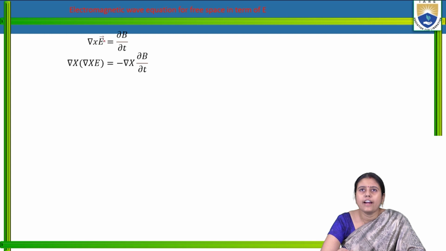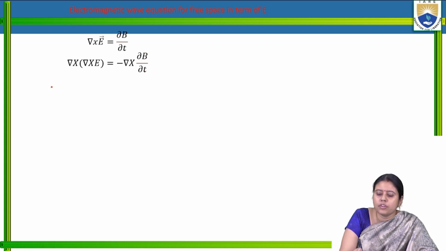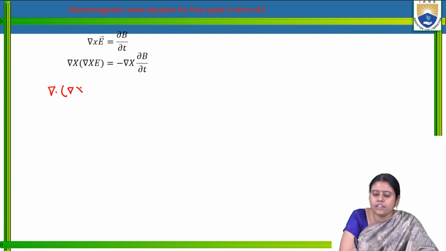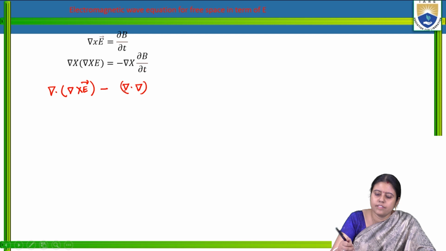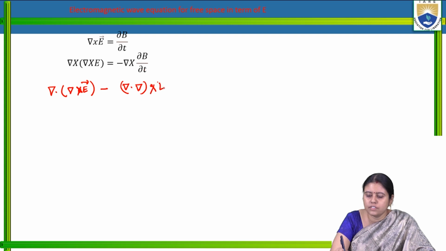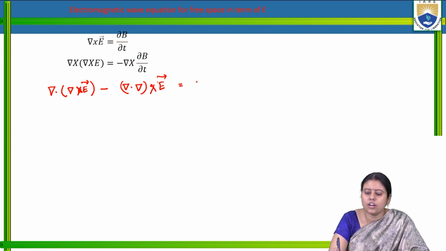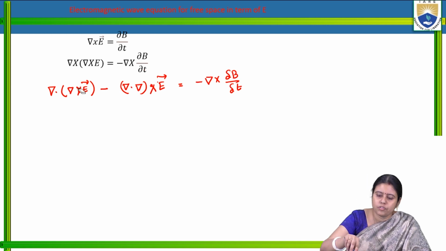So first we got grad cross E is equal to minus del B by del T. Now we take the grad cross on both sides: grad cross grad cross E is equal to minus grad cross del B by del T. Sorry, one small mistake.